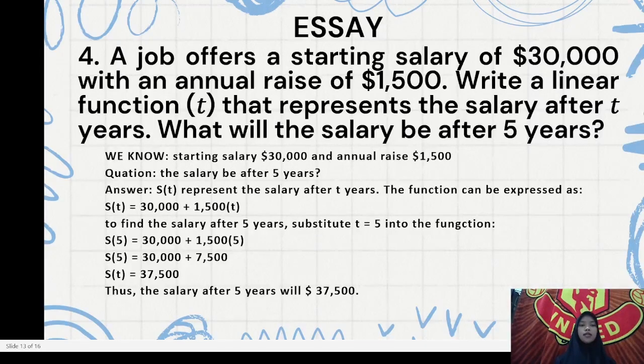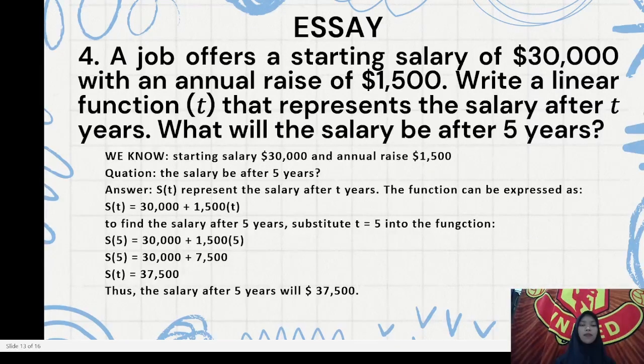S(5) = 20,000 + 1,500 times 5, which is 20,000 + 7,500, which is 27,500.